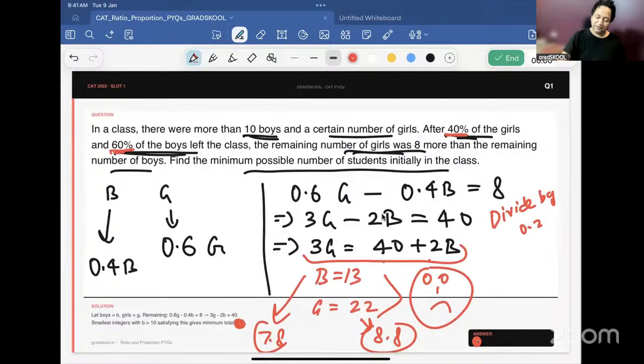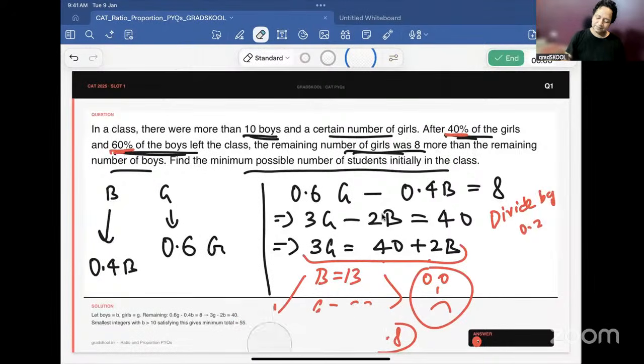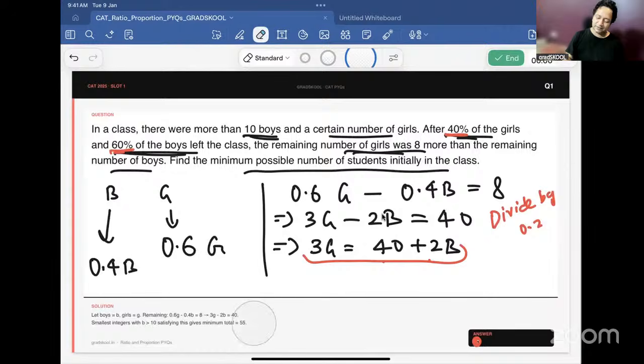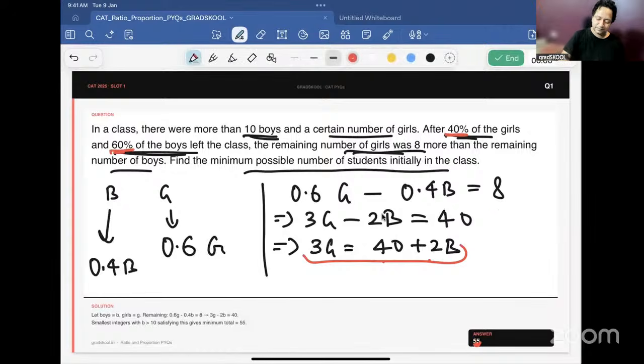So, how do we do that now? That is the major problem. So that is why there's a question of ratios. What is 40% in terms of fractions? It is equivalent to 2 by 5, right?